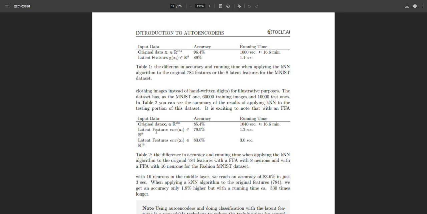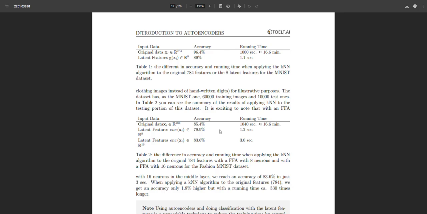Using a latent space representation of 8 features cuts the time to 1.2 seconds for 79.9% accuracy. Even increasing the latent features to 16 neurons, we achieve an accuracy of 83.6% in only 3 seconds.